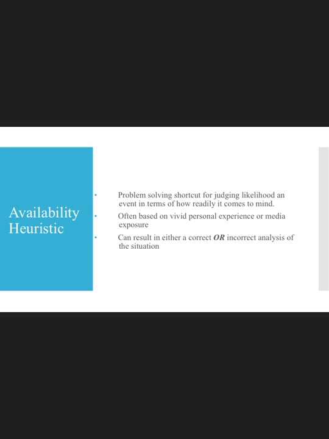So availability heuristics are problem-solving shortcuts for judging the likelihood of an event to happen in terms of how readily it comes to mind. This is often based on vivid personal experience or media exposure and can result in either correct or incorrect analysis of the situation. So in this particular example, how readily it comes to mind?